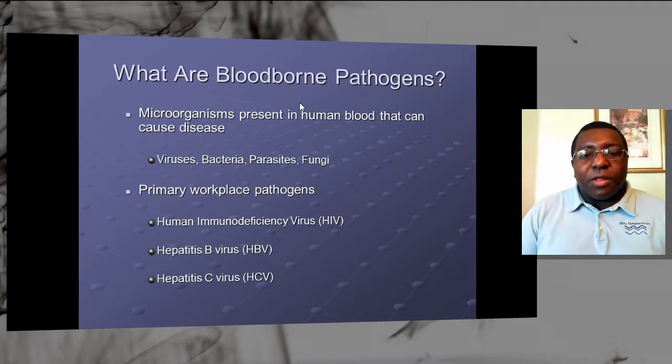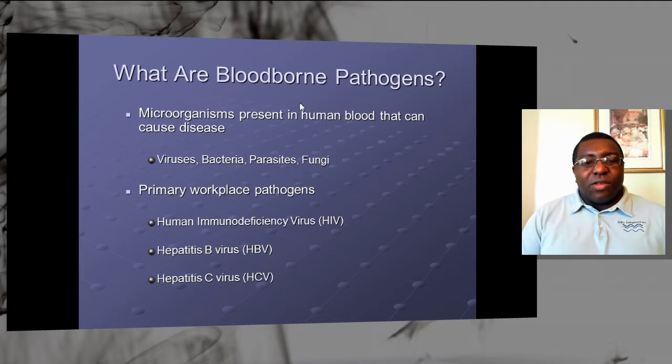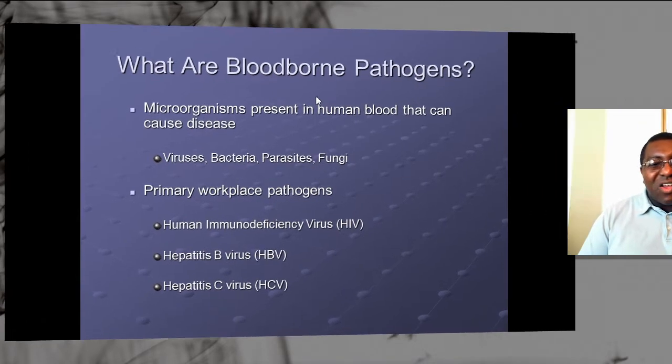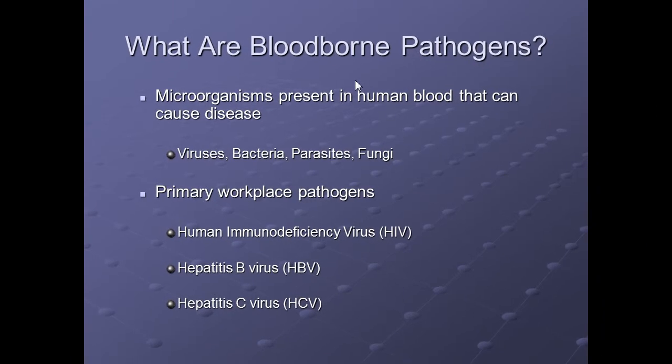So what are your bloodborne pathogens? They're microorganisms present in the human blood that can cause disease. There'll be a virus, a bacteria, parasite, fungi, anything that is carried in the blood that can give you some sort of disease or illness.